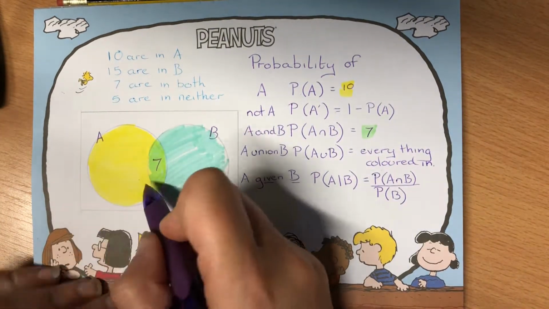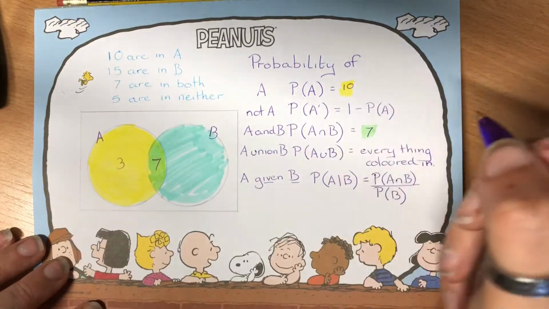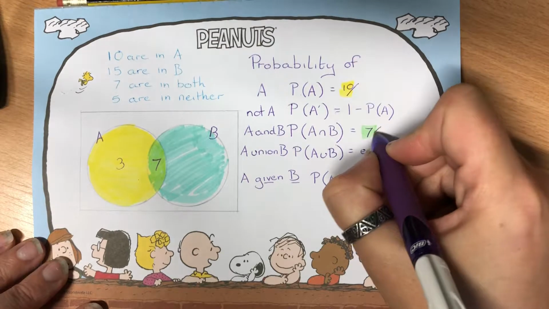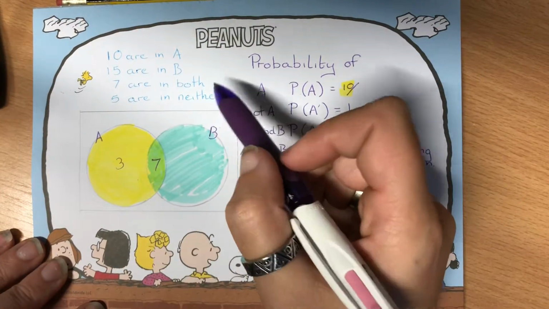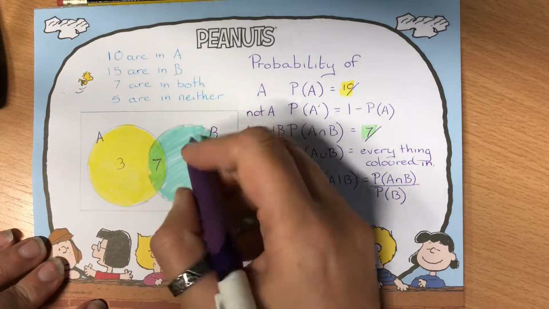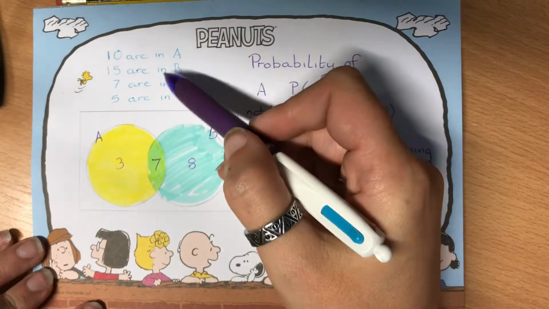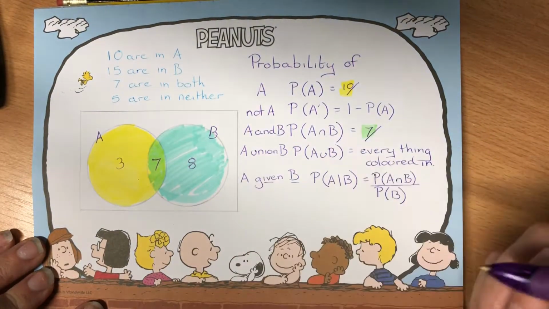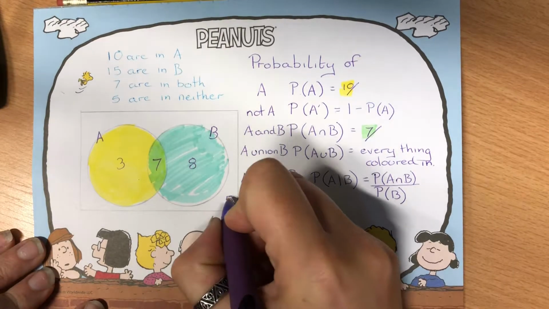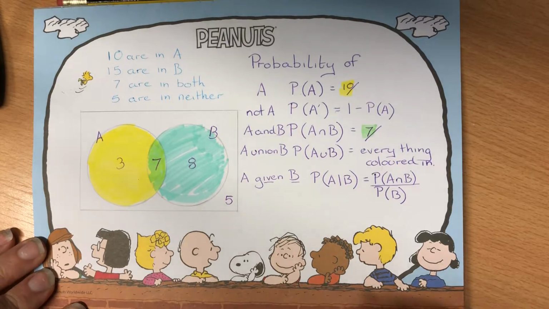Out of this, 7 are already there, so we only need another 3. And we don't know what those are out of yet. For B, we've got 7 of them already there, so we're going to need another 8 to take us up to the 15 in B. And then 5 are in neither, and that tends to be the bit we forget. And that goes on the outside.